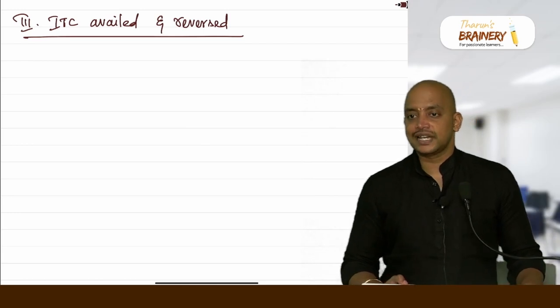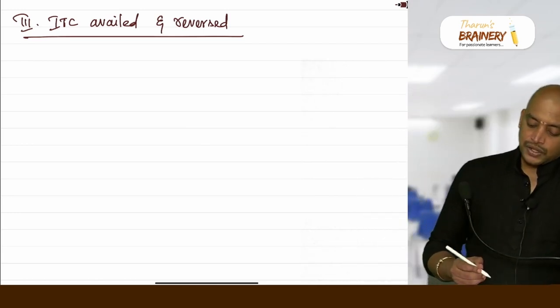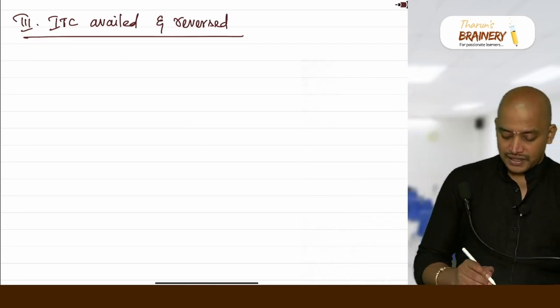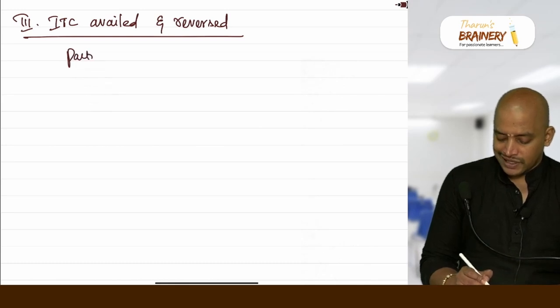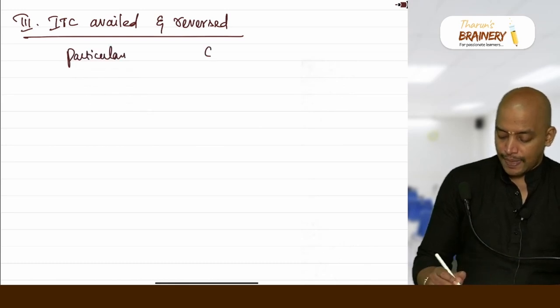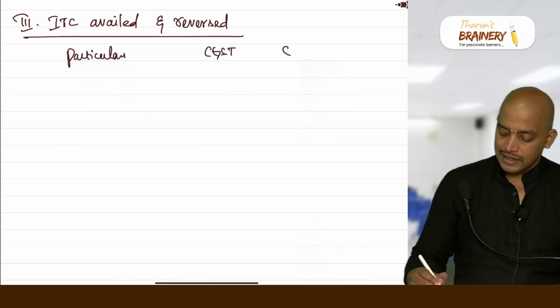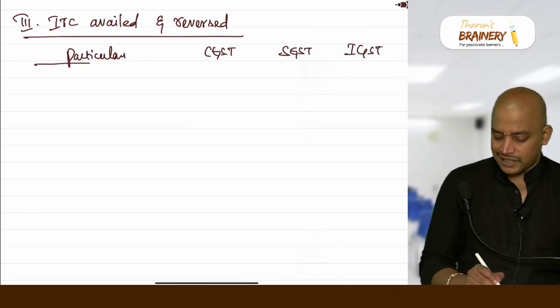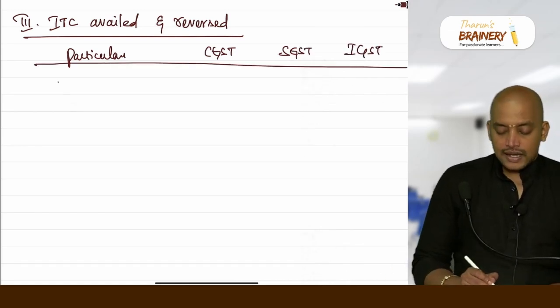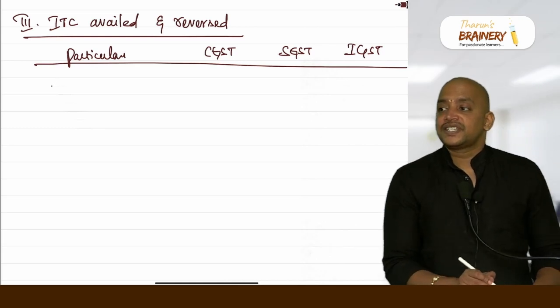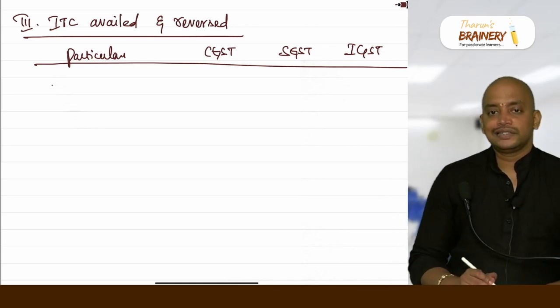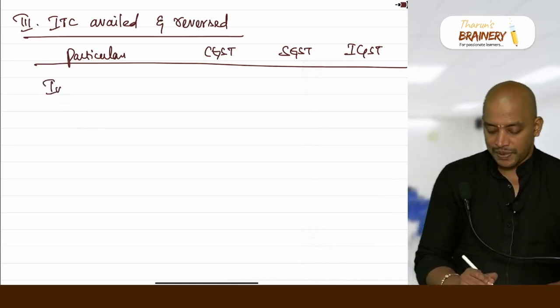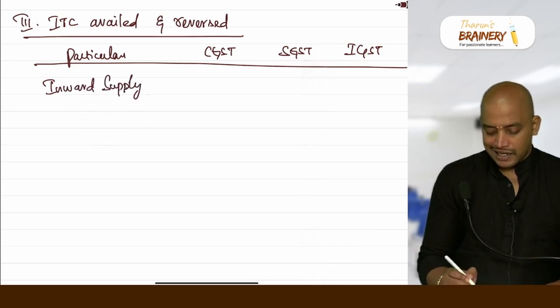Any reversal, if there is one, you need to do. First, GST paid under inward supply FCM; both will come, FCM also and RCM also.